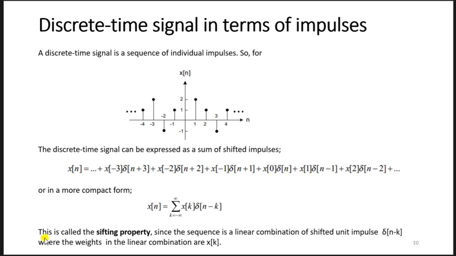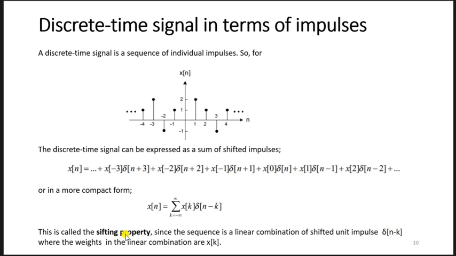Alright. This is called the sifting property, since the sequence is a linear combination of shifted unit pulse delta[n minus k], where the weights in the linear combination are x[k]. So here, why is it sifting? Sifting we take from the word sift.